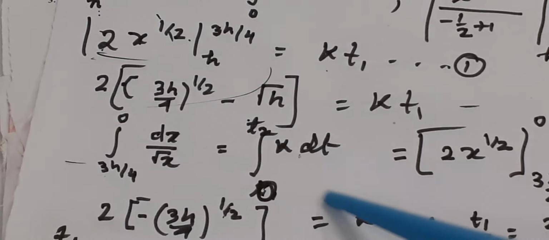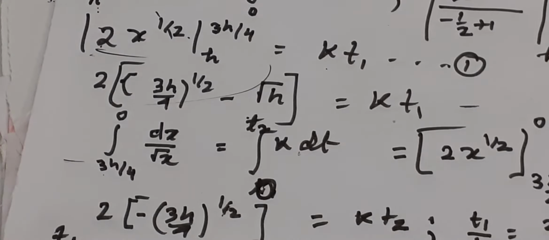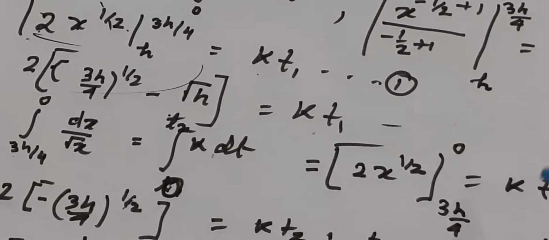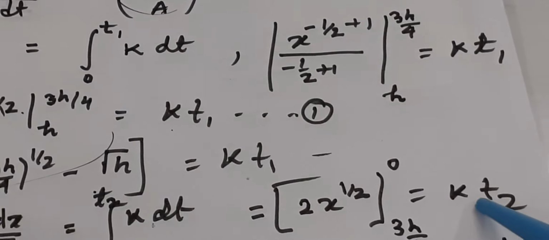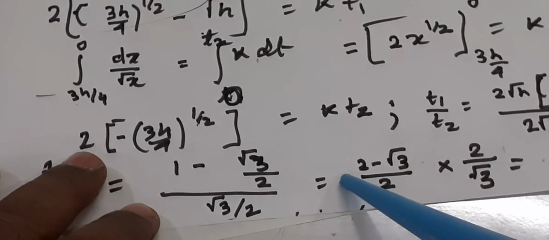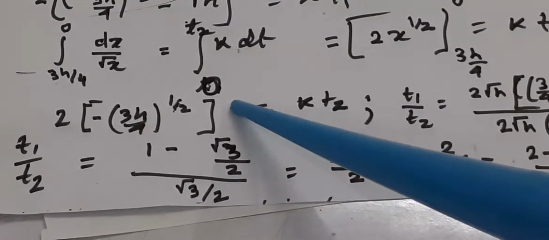Now after integration of this one, 2x to the power half, limits accordingly given here, 3h by 4 to 0, and that will be k t2.